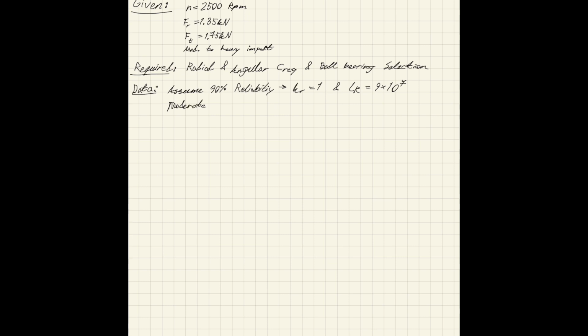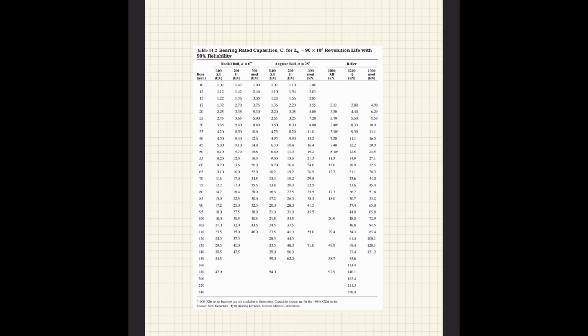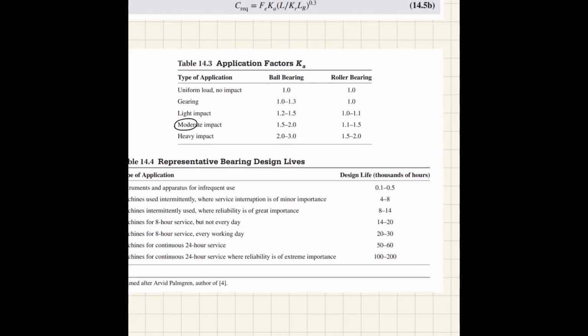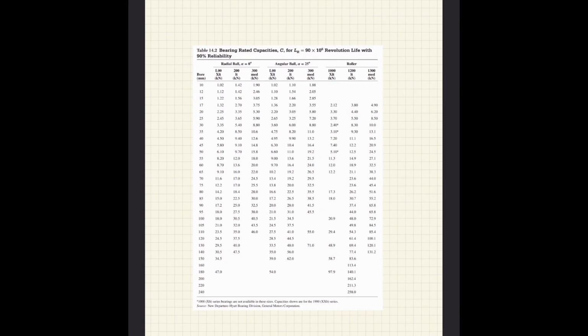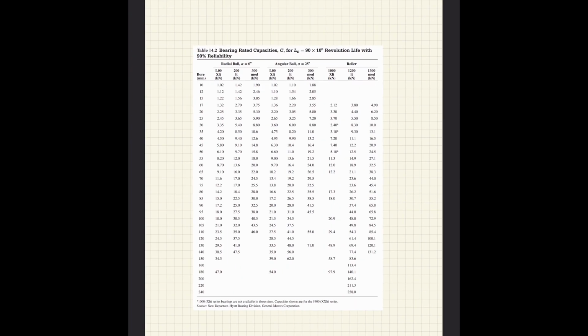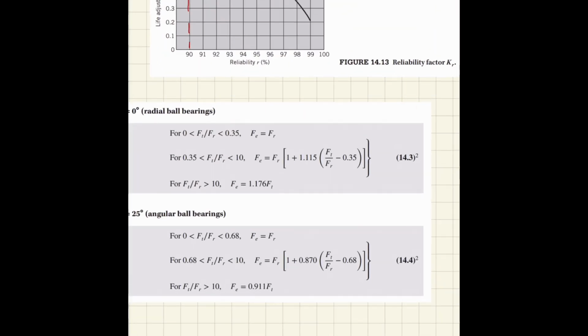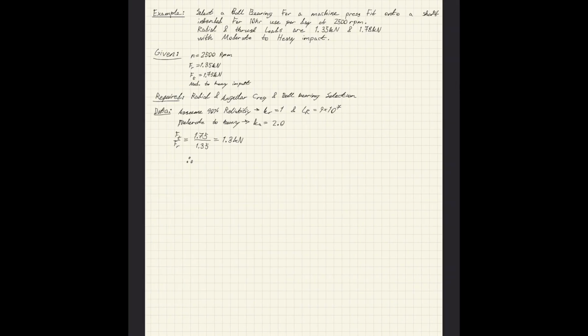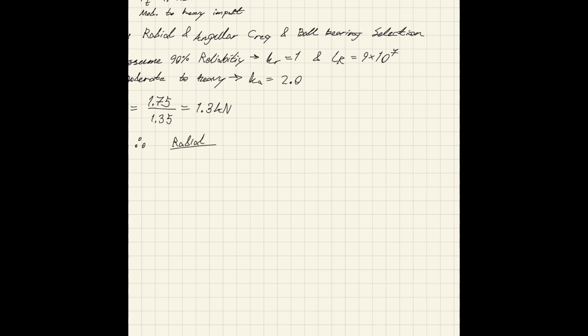We have moderate to heavy impact. Therefore, our KA is equal to 2.0. If you look here, moderate to heavy, 2.0. And lastly, we have FT over FR, which is 1.75. This will give us our FE, if you remember, is 1.3 kilonewtons. Therefore, if we look, we must use the middle equations from both, as it is 1.3 kilonewtons.